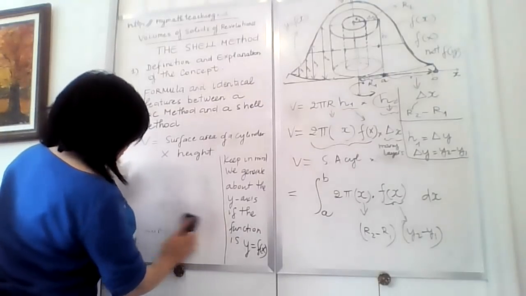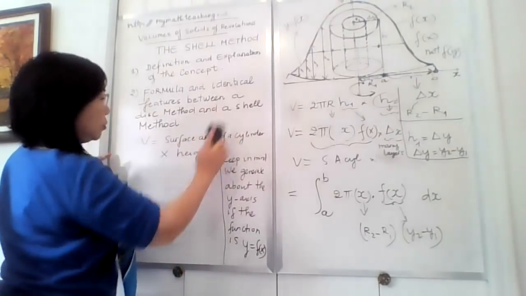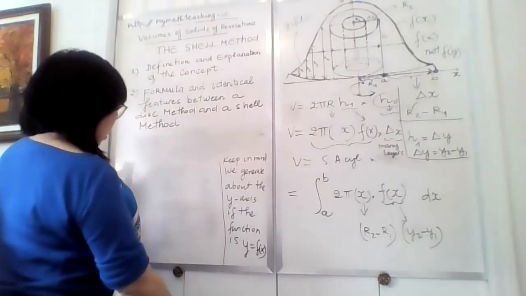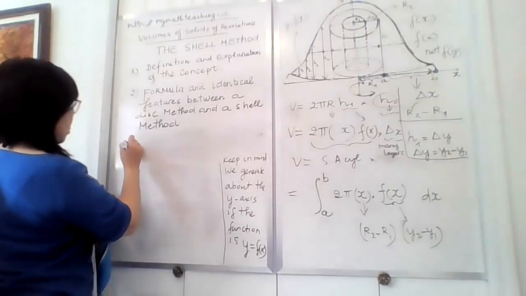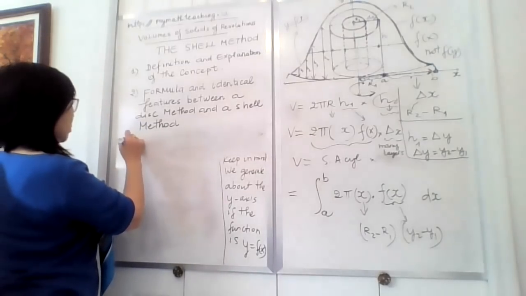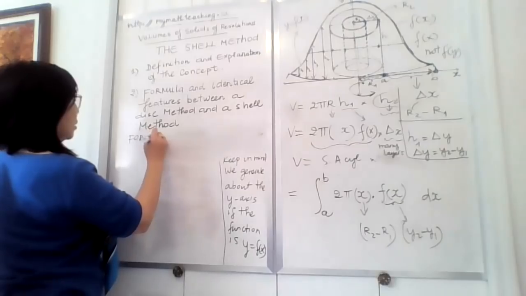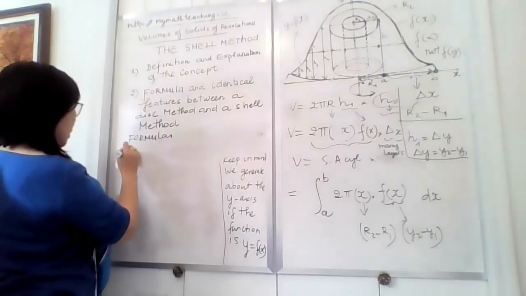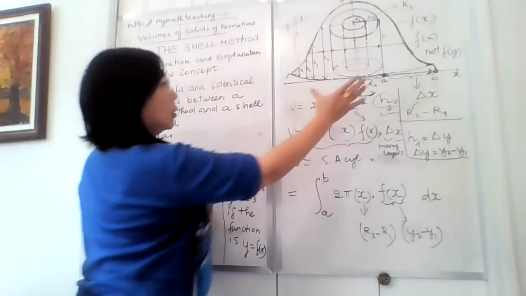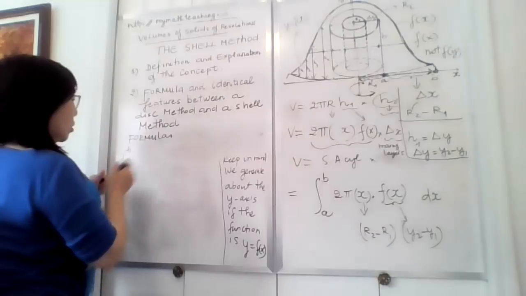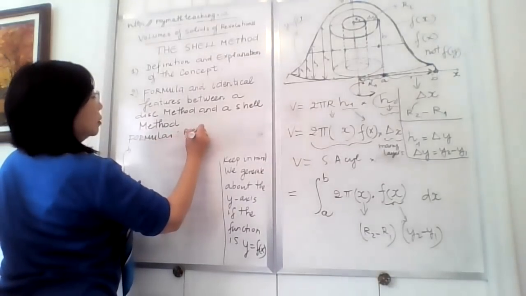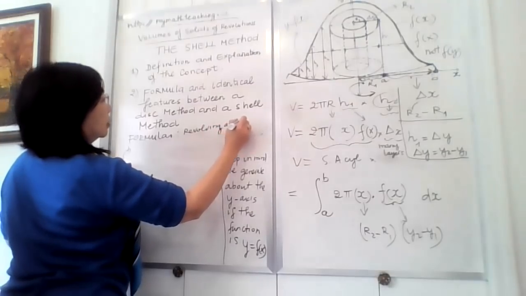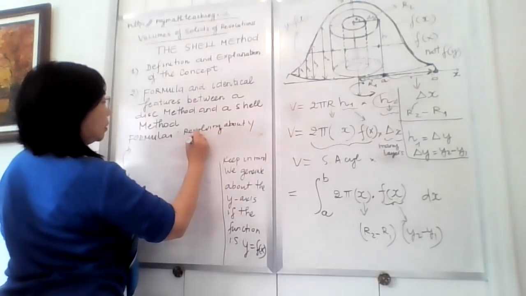Okay, so let me talk about the formula. I'm going to write it for one function. So this picture is one function, right? Now I'm going to give you the formula. The formula for one function, we're going to generate from A to B, from inward to outward, if we're talking about revolving about the y-axis for the shell method.